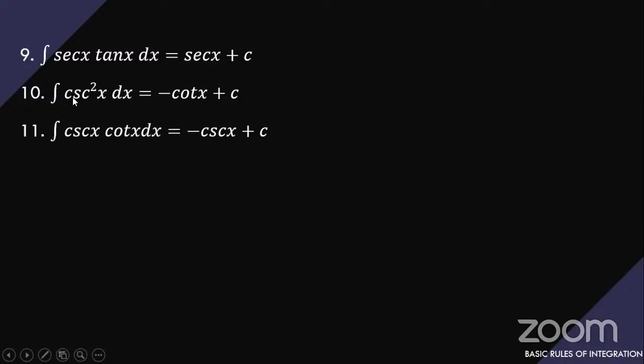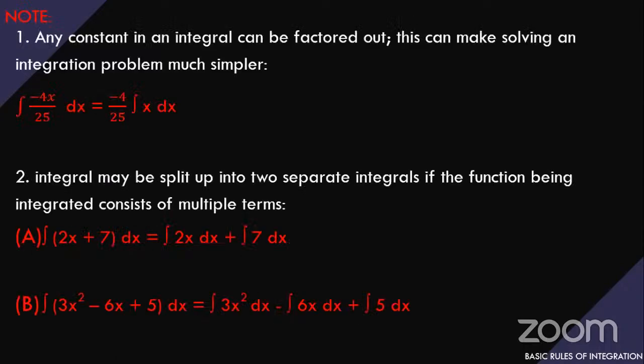And when we integrate csc squared x dx, what we'll get is minus cot x plus c. And when we integrate csc x cot x dx, what we get is minus csc x plus c.